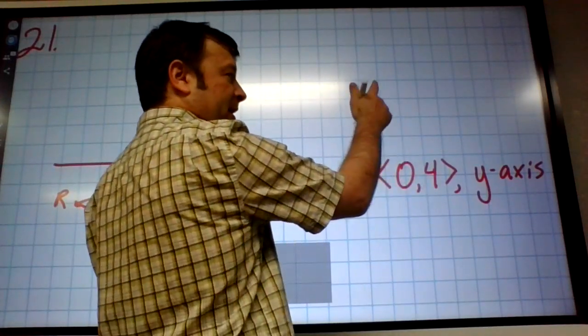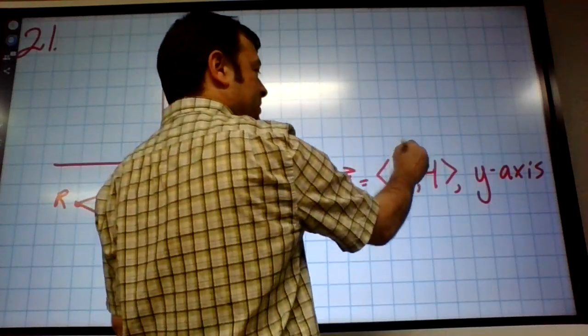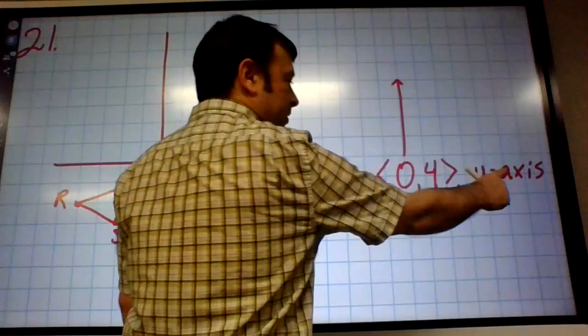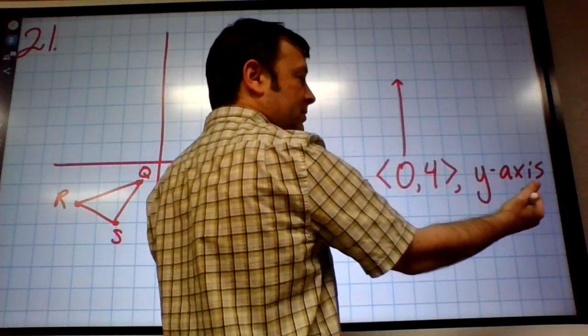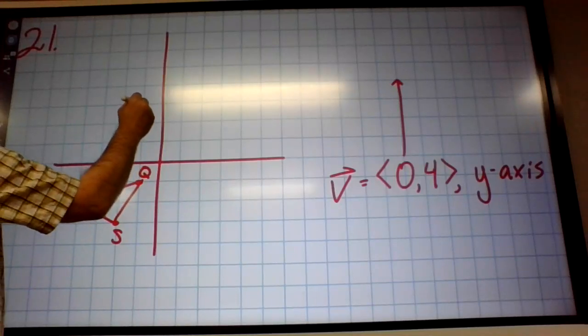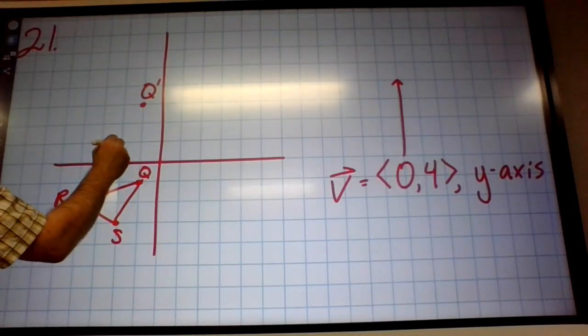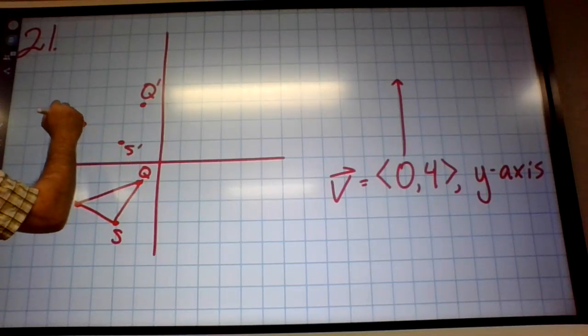Kind of like if you were to graph the point 0, 4, you go up 4 and put a dot. So basically they want us to move our graph up 4. And then they put comma y-axis because that's the line we're going to reflect it over. So I'm going to move these dots up 4. So this is more like the worksheet thing we did.